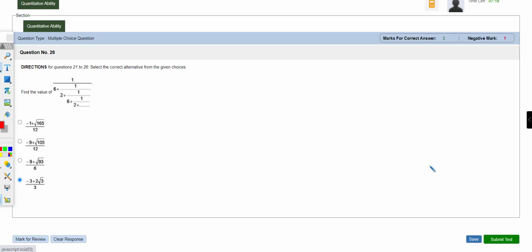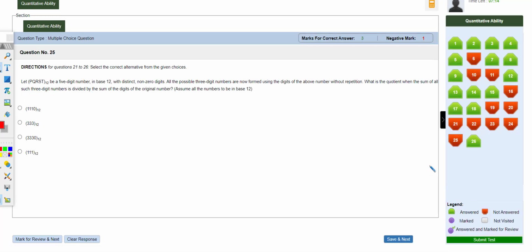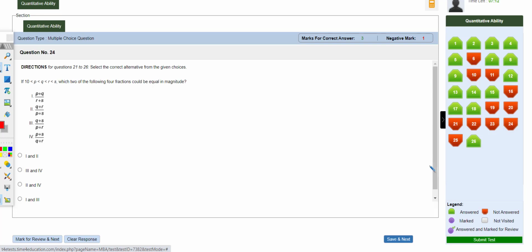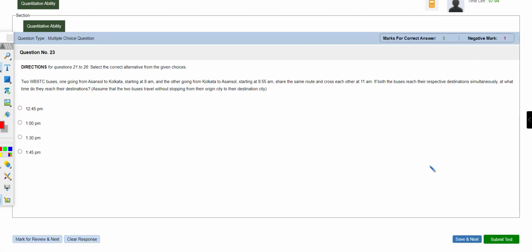After this, question number 25, then 24, then 23. Let's do 23. Question number 23 is a time, speed, distance question. Two buses, one is going from Asansol to Kolkata starting at 8 AM, the other is going from Kolkata to Asansol starting at 8:55, on the same route, and they cross each other at 11 AM.